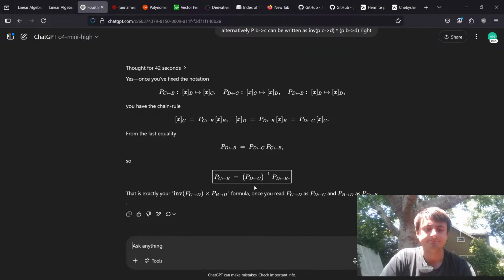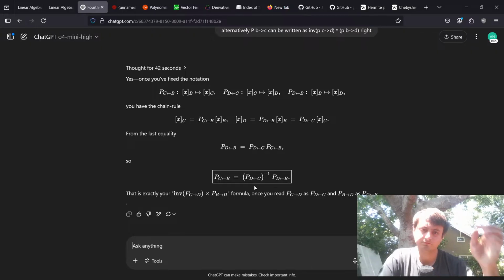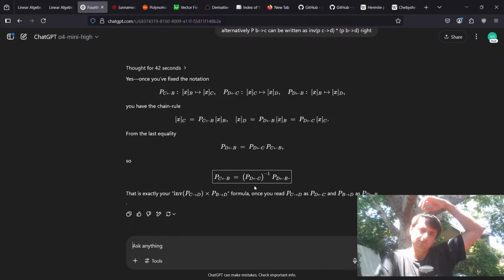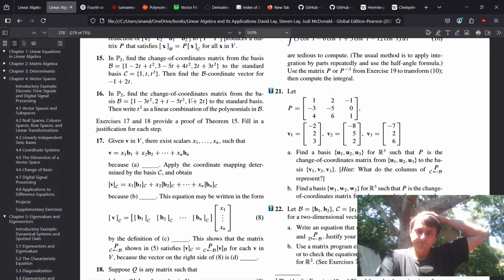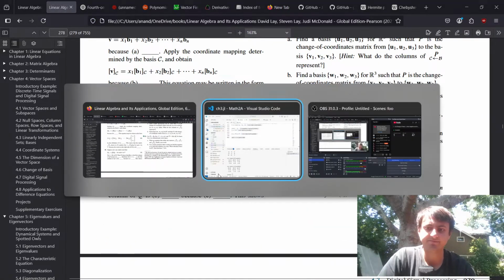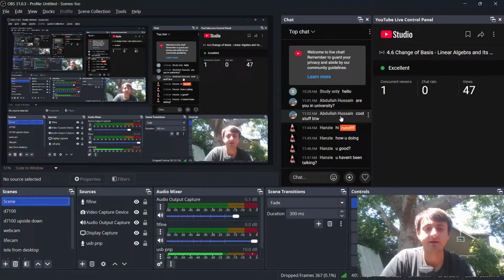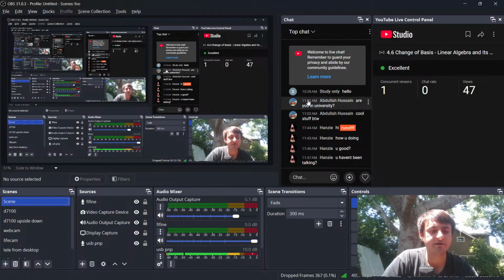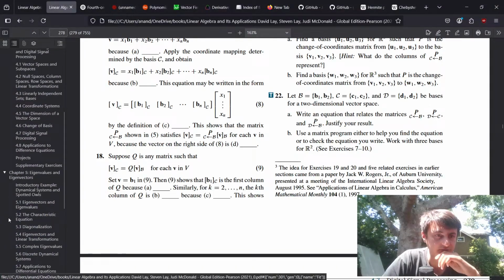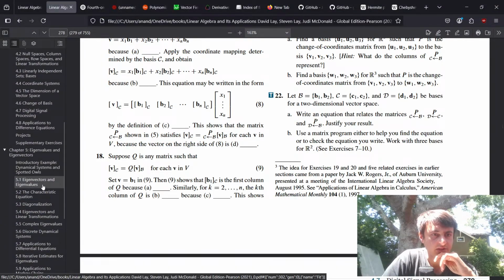Okay, cool. All right, so that is change of basis. That was a crazy section. Now, I think we're going to finally move on to eigenvectors and eigenvalues. Finally.